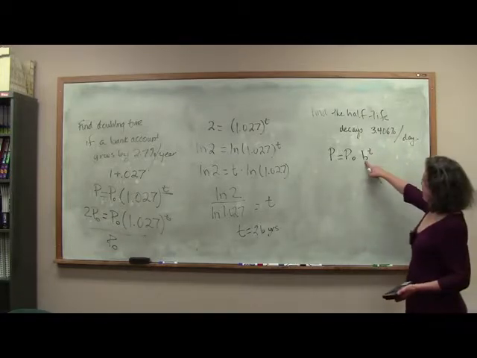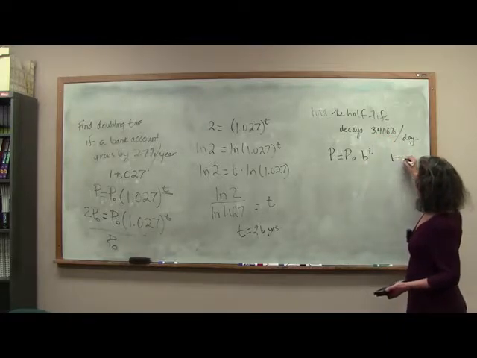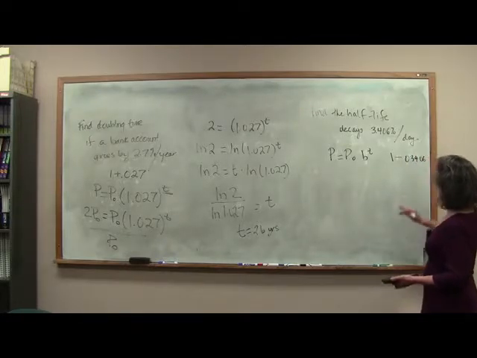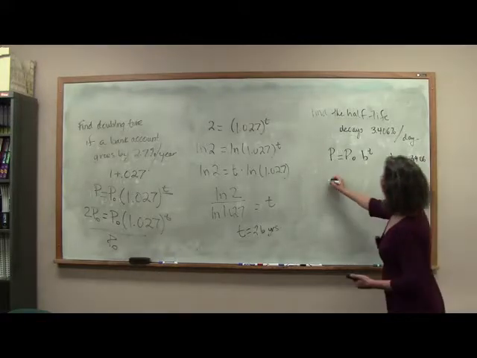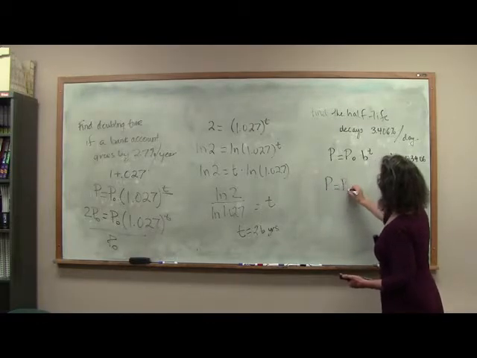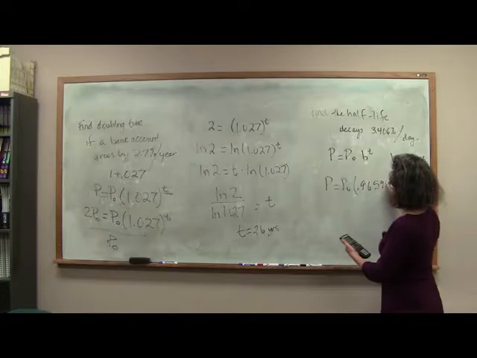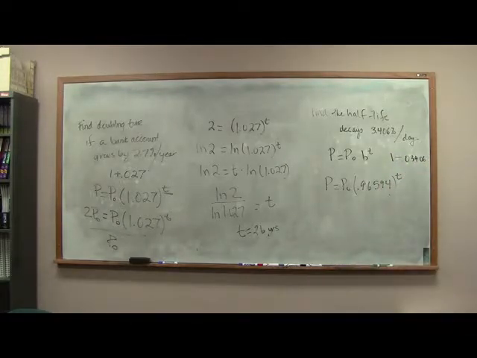So, to find my base, the first thing I note is it's decaying, so I have 1 minus 0.03406. So right now I have my formula to be 0.96594 to the power of T.